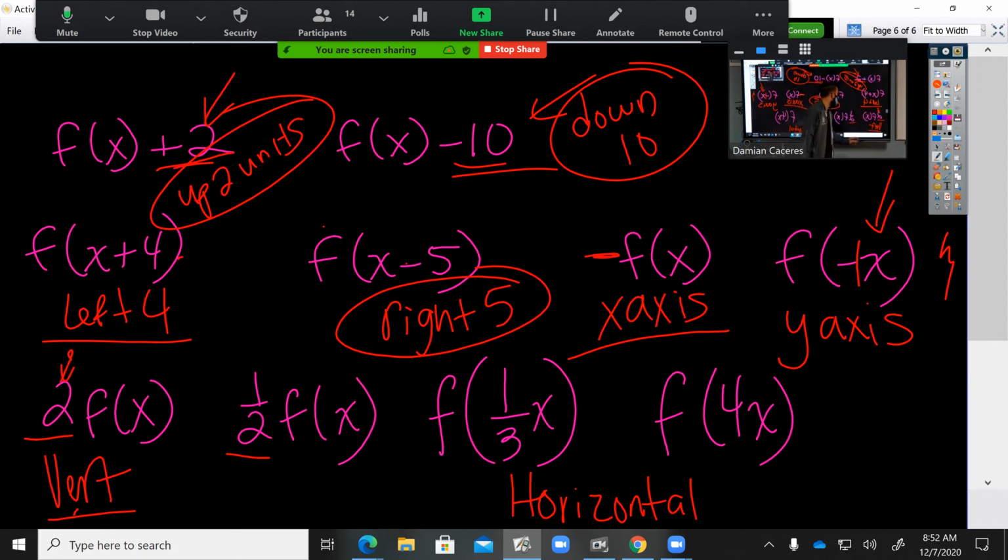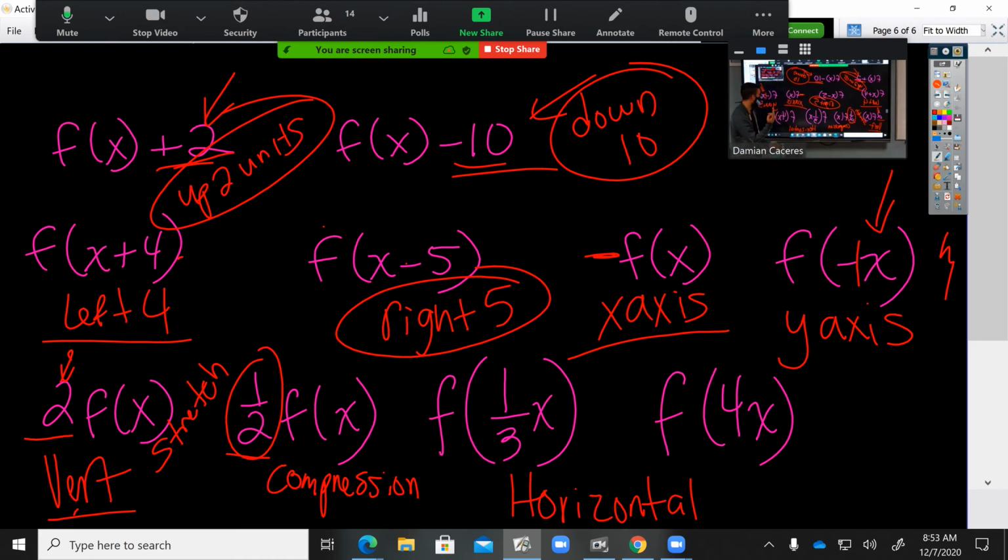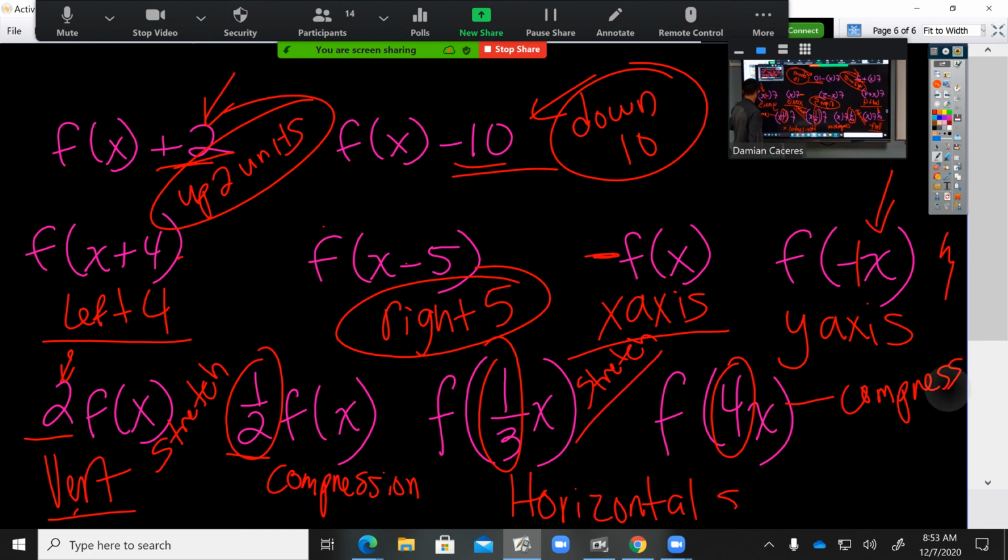A number bigger than 1 is going to be a stretch. A number smaller than 1 is going to be a compression. Now the next one's going to be a horizontal stretch or compression. Horizontal is always backwards. So a number that's a fraction is going to be a stretch. And the number that's bigger than 1 is actually going to be a compression. Any questions so far?